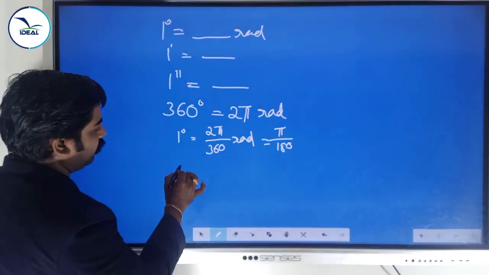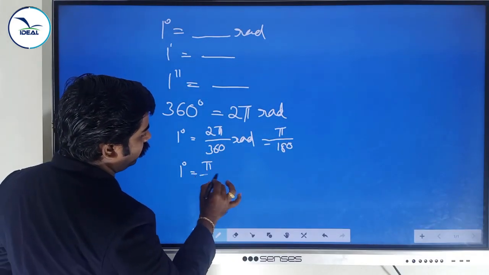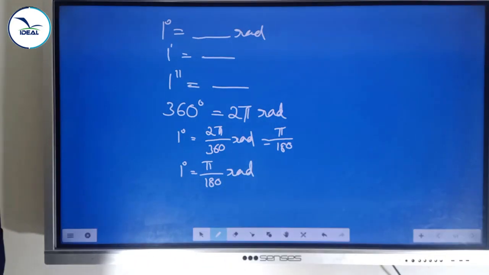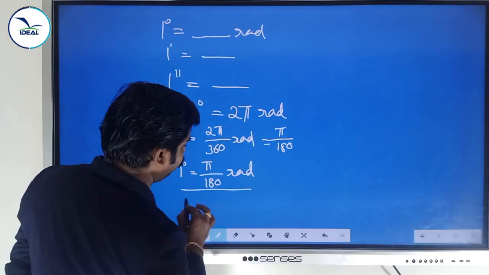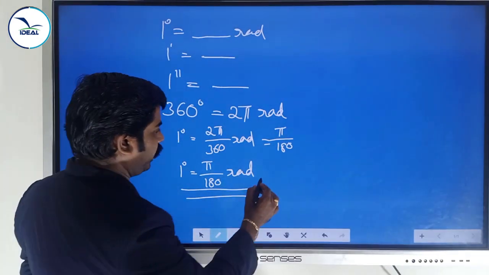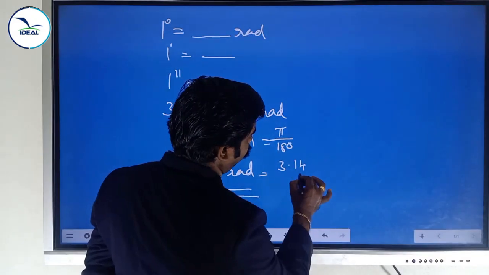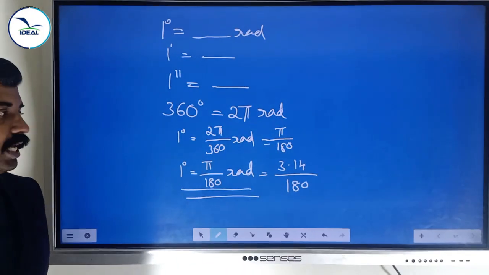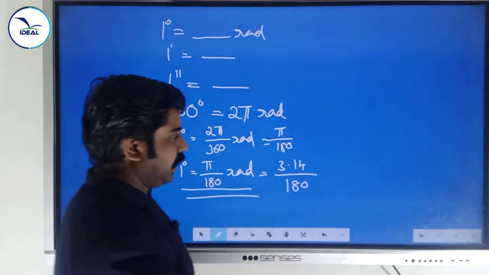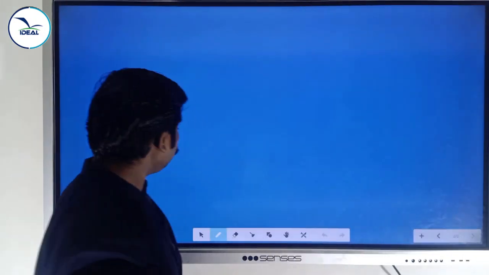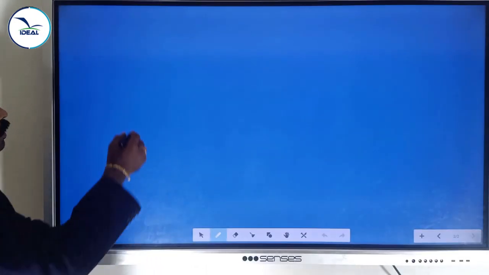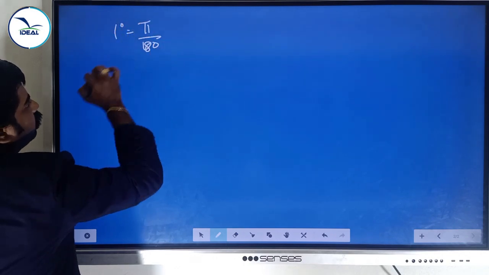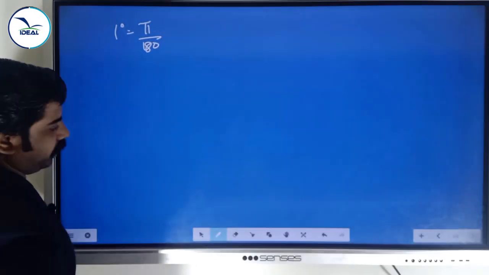So 1 degree is equal to pi by 180 radian. Or we can calculate this 3.14 by 180, you will get an exact value. So 1 degree is equal to pi by 180 radian.